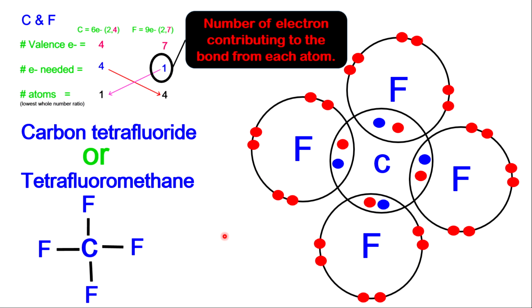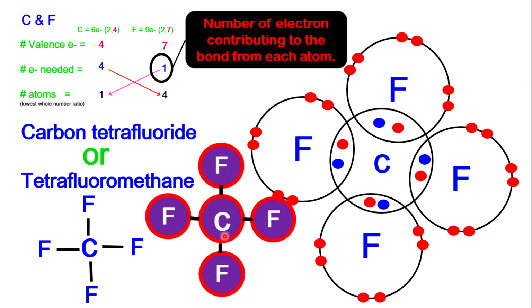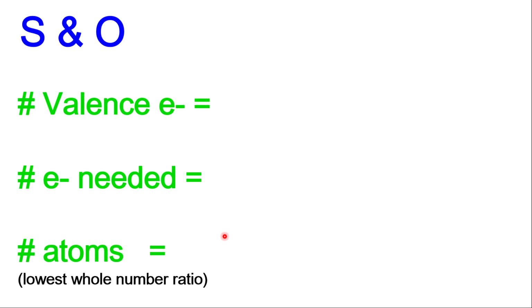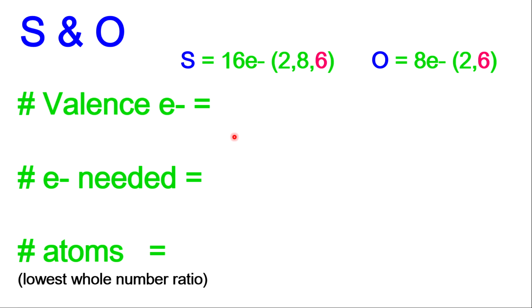We can jump into another example, and this example will be very interesting. Okay, so now we're in the example, and we're going to do sulfur and oxygen. Now, this one will be a nice one, I promise you. First to establish is our valence electrons.